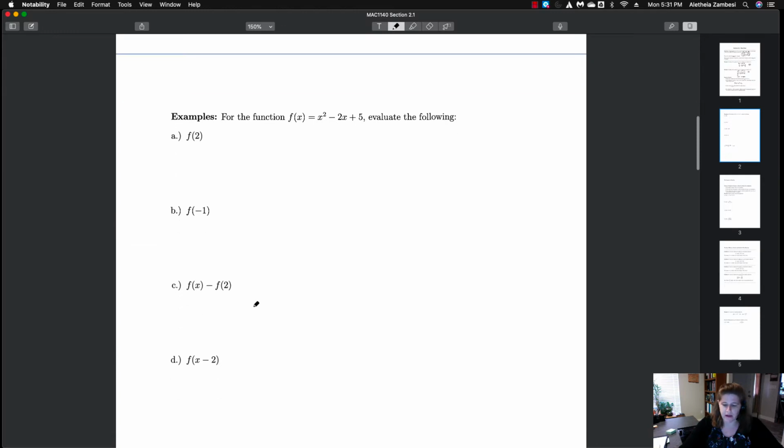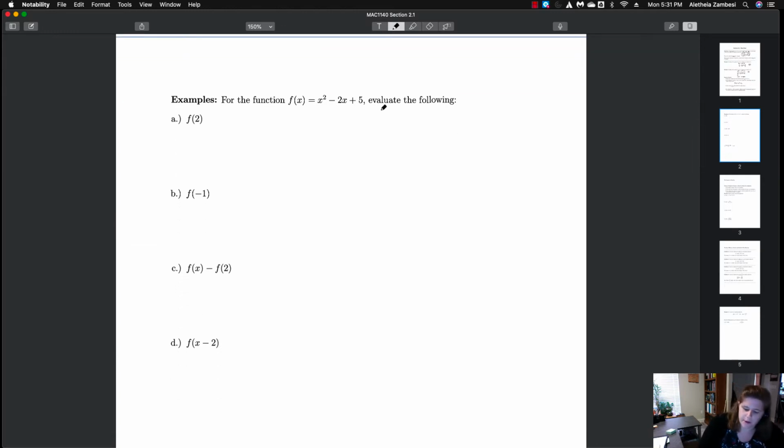Sometimes we need to evaluate a function, and when we talk about evaluating in algebra, what that means is that we're going to plug a value in. So if we're going to plug in a value, what we have is f of 2 instead of f of x. And what that indicates is we're going to plug 2 in for x in the function.